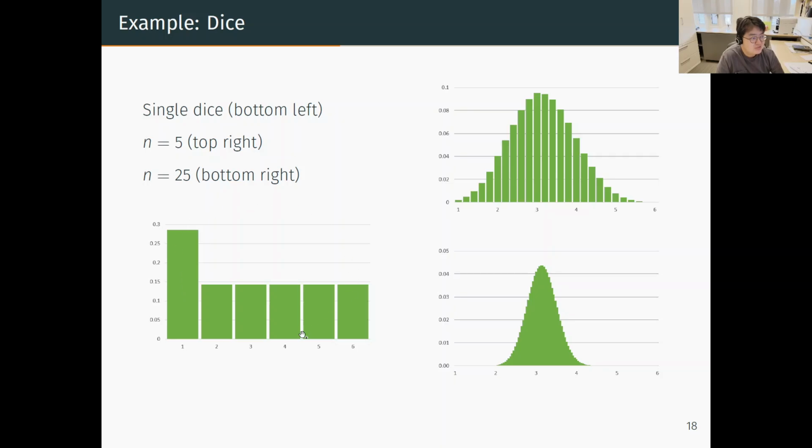When you roll that dice once, 1 is twice as likely. But when you repeat it 5 times, the average looks like this, right? Already, it looks like a normal distribution. But what you have to see here is the center is close to 3.